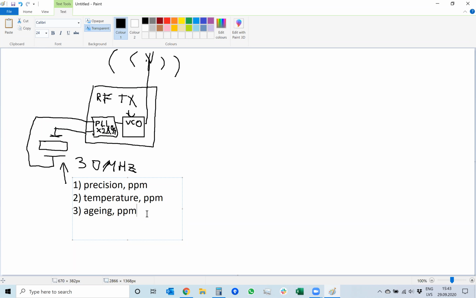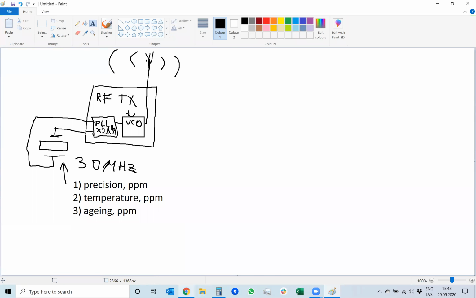So aging slows down after a couple of years and doesn't really change anymore, but it also changes the frequency a little bit. And if you add all of these three things together, it turns out that the output frequency can change by several percent.